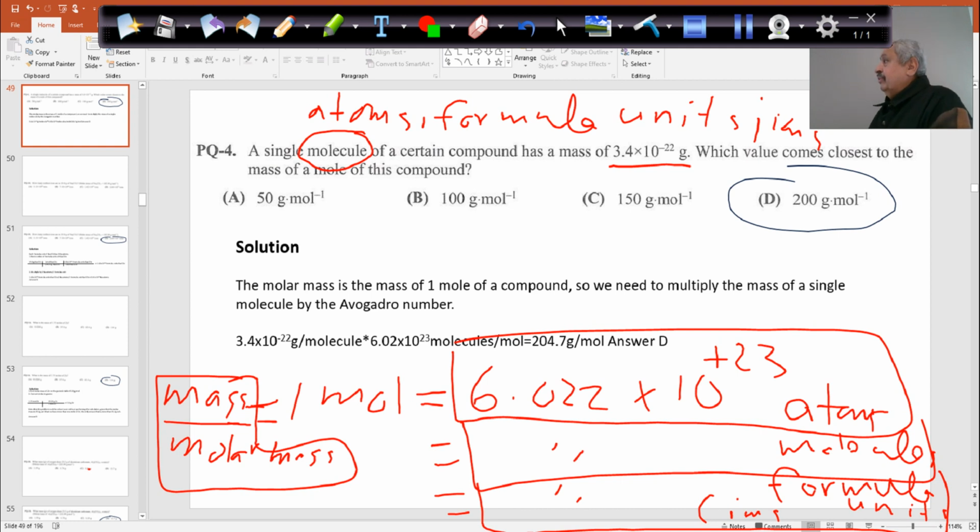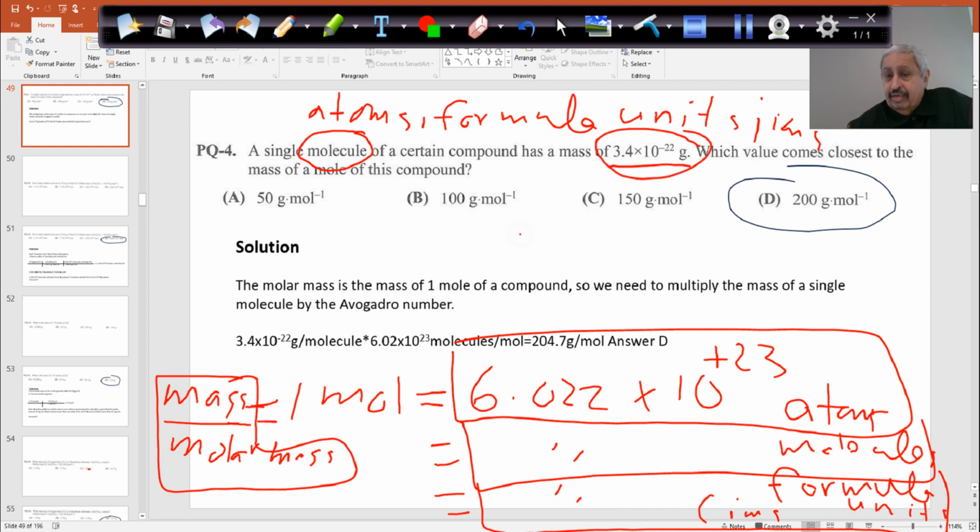Correct? So a mole is mass over molar mass, a ratio, and is equal to Avogadro's number of atoms, or Avogadro's number of molecules or formula units. So one molecule has this amount of grams. Correct? So you have the grams here.